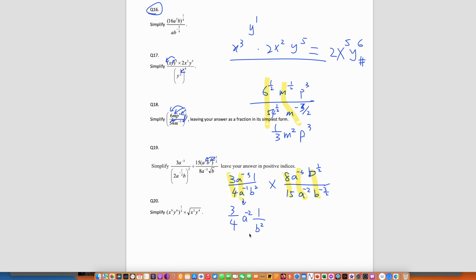That means the b2 is in the denominator. Now this one, a/15 is a/15. A minus 3 minus -2 is plus. So you still have a minus 1. The a minus 1 is on top. Then this one, b half minus 3/2, so it's plus. So this one will become 2.